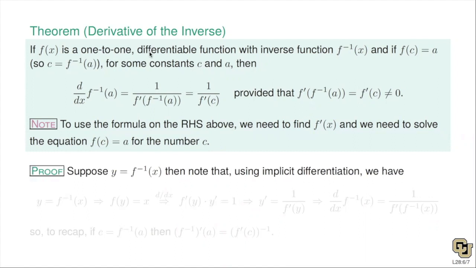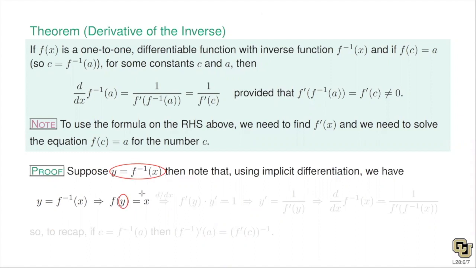So here's the proof. It's not difficult. The proof just uses implicit differentiation or chain rule. So starting from y equal to f inverse of x, I rewrite the equation, and you remember how we do this. Apply f to both sides. F of y is exactly f of y right here, and f of f inverse of x just gives me x. Now we're going to differentiate, but remember y is a function of x.